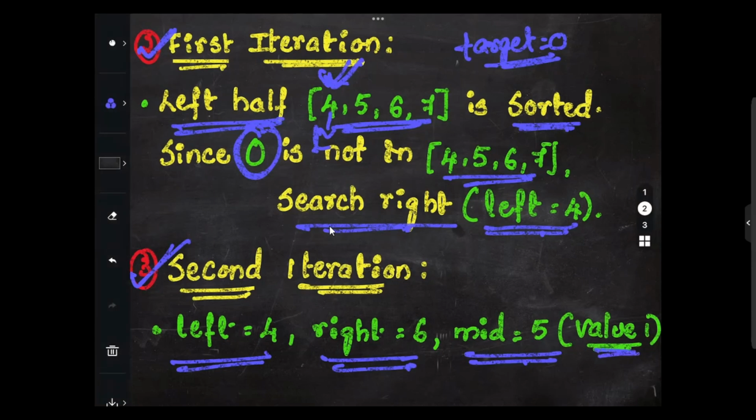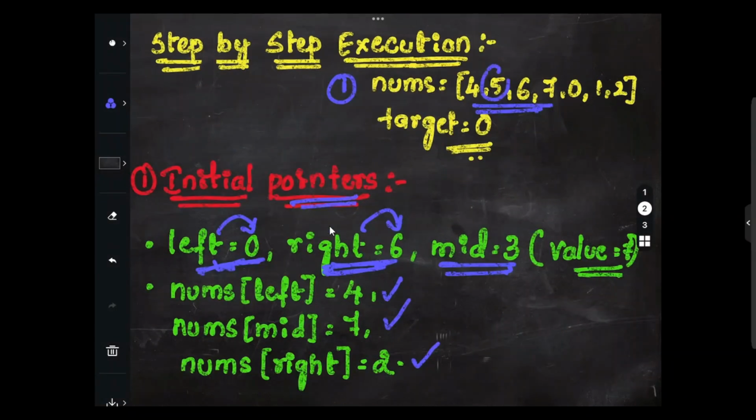Mid equals 5, value 1. This one I am speaking of. Sorry, I got confused here. Left equals 4 means 0, 1, 2, 3, 4, the fourth index.